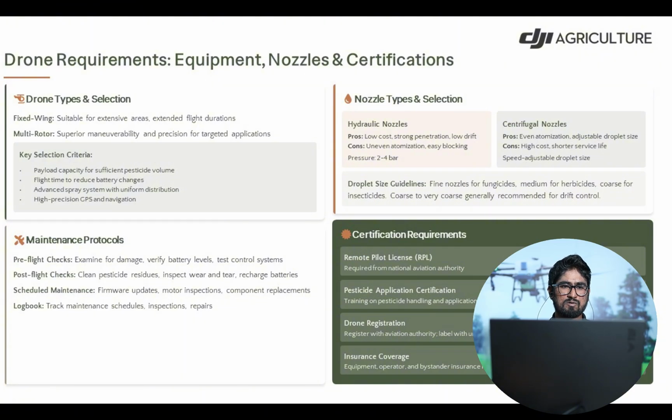We must also consider high-precision GPS and navigation with obstacle avoidance features. There are two types of nozzles: hydraulic nozzles and centrifugal nozzles. Most DJI drones have centrifugal nozzles, which are very advanced. We can control droplet size using centrifugal nozzles because they have a dual atomization system.